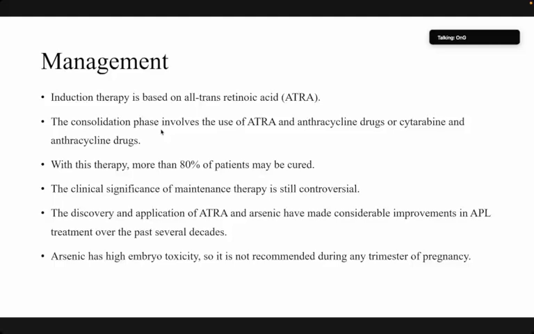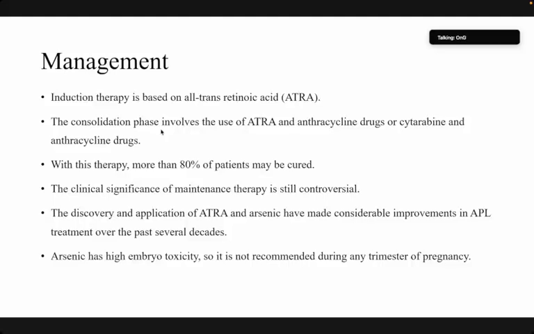The consolidation phase involves the use of ATRA and anthracycline drugs, or cytarabine and anthracycline drugs. With this therapy, more than 80% of patients may be cured. The clinical significance of maintenance therapy is still controversial. The discovery and application of ATRA and arsenic have made considerable improvements in APL treatment over the past several decades.